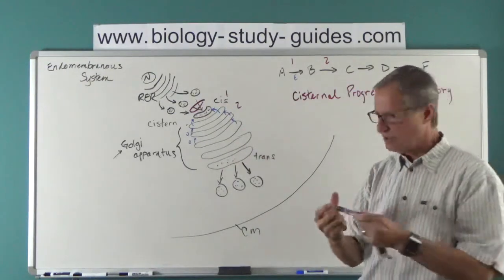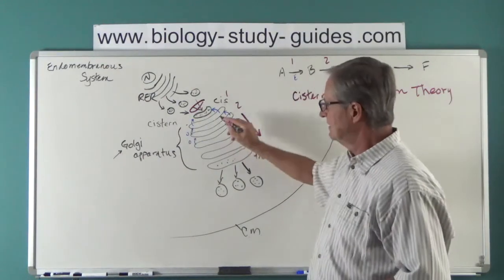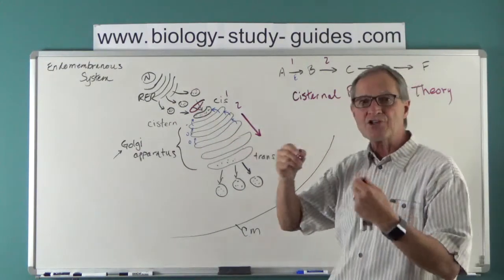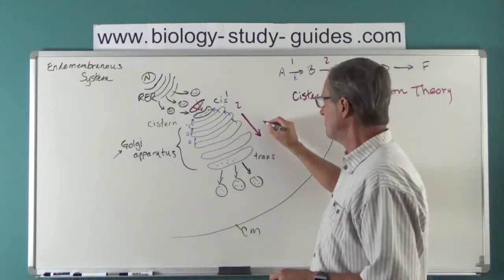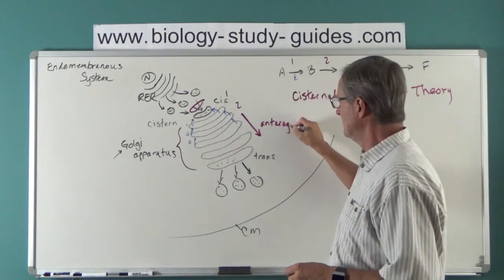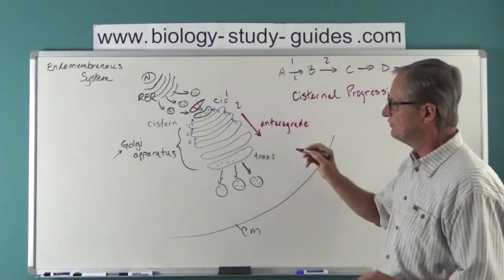There's two directions of movement here. The cisterns progress this way. This cistern becomes that one, becomes that one, becomes that one, as the reactions are occurring. This is called anterograde movement, it's moving forward.